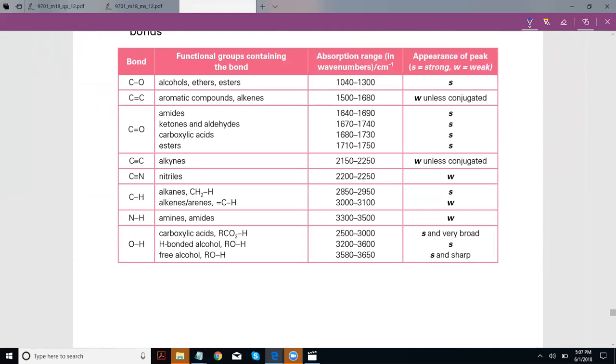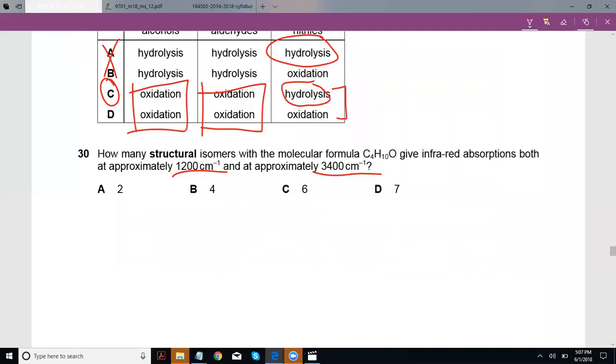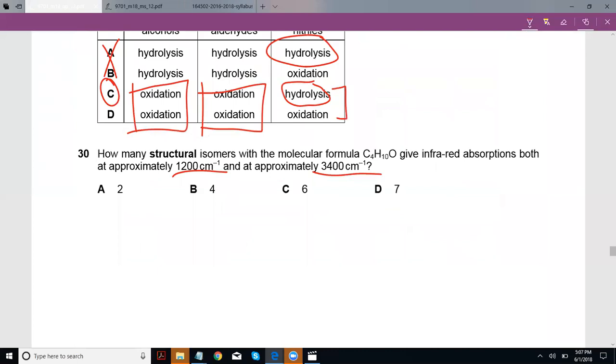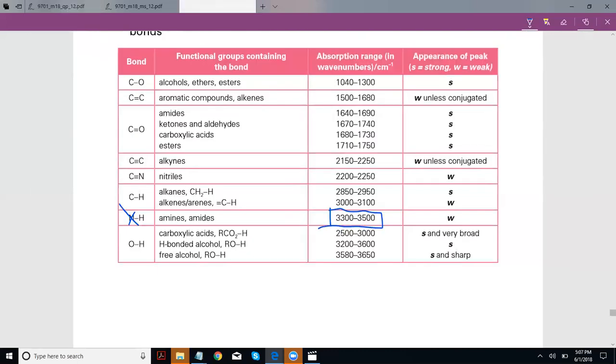So 3400, is it amine? But it can't be amine because we don't have N. We just have one O, so it can't be a carboxylic either. So 3400 would probably be some sort of an alcohol, because carboxylic would require two oxygens.